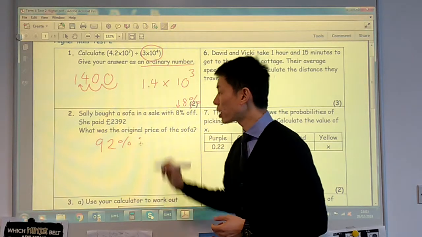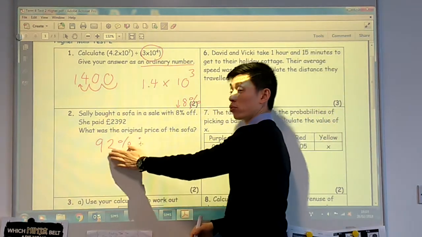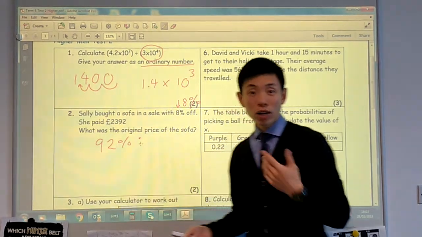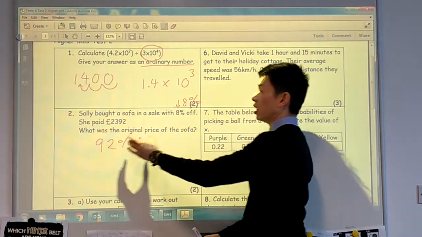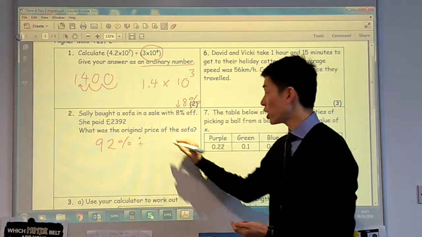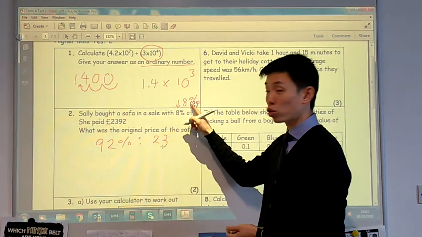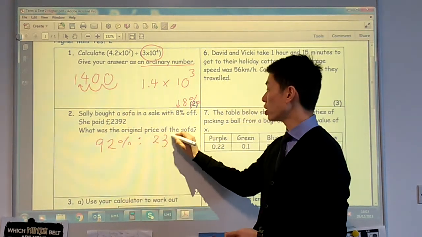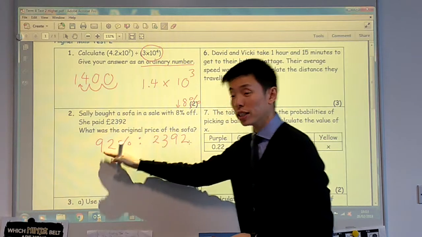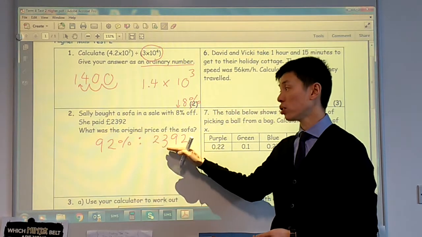Now don't worry, because although the number looks really tough to do, you've got a calculator, so it should be no problem. And 92% represents 2,392, because after it's dropped by 8%, it's now worth 2,392. So therefore, 92% is the 2,392.